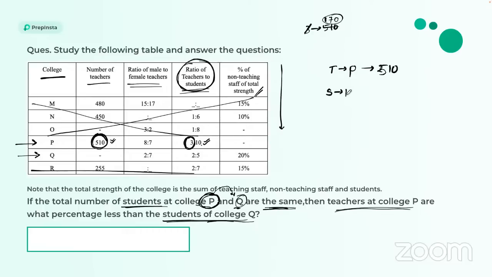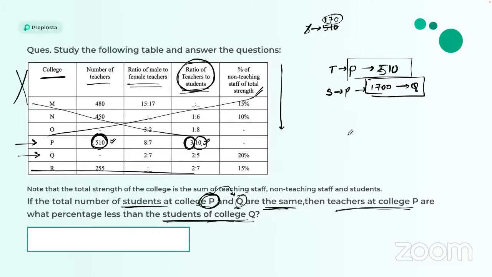Then students in college P is 10 times that one part, which is 1700, and which is equal to Q's strength also. Why? Because they have given that. So we got 2 values from the table quickly. So don't do the calculation while you are reading the data. Do the calculation on whatever you require from the data.